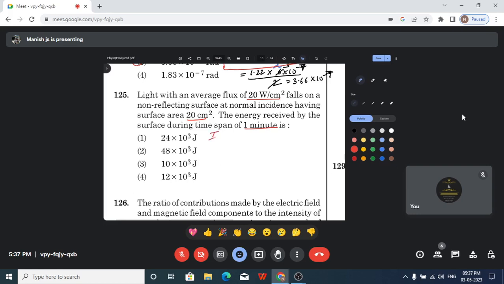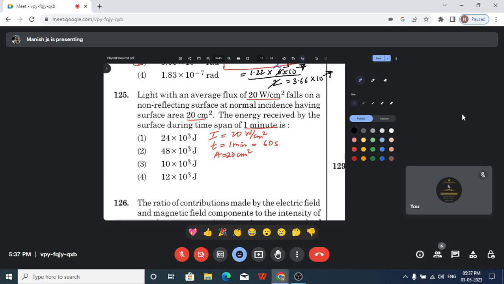So I is given as 20 Weber per centimeter square. Time t is also given as 1 minute. Convert it to seconds, which is 60 seconds. They have also given you the area. So area is 20 centimeters square. So all these are given.